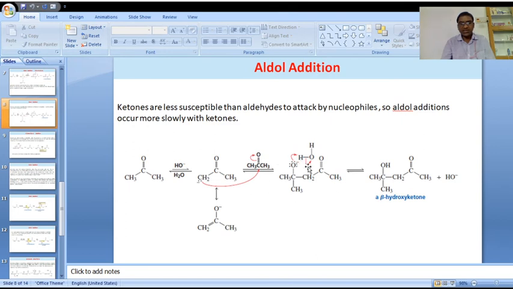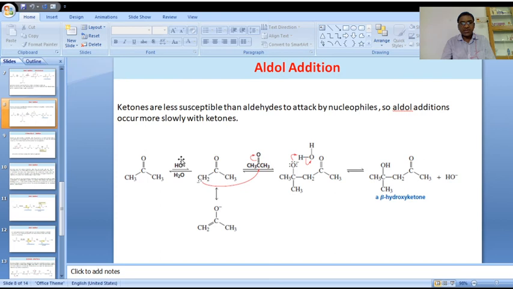This intermediate, a compound containing a negatively charged oxygen atom, immediately abstracts hydrogen from a water molecule. It converts water into OH minus. Here please observe, at the start of this reaction we used OH minus ion.